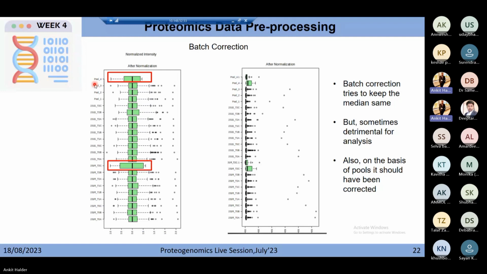So I gave this example to let you understand how this batch correction should have been performed.